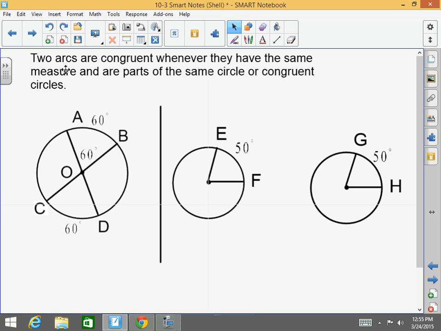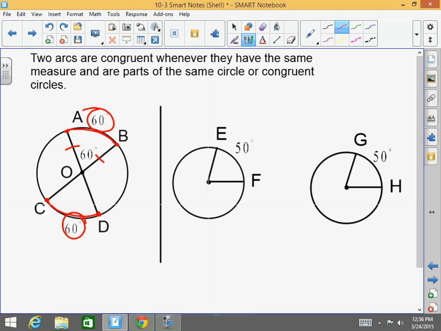Now, two arcs, like I said, are congruent whenever they have the same measure and are parts of the same circle or congruent circles. In this particular case, arc AB and arc CD have the same measure of 60 degrees, and they're inside of the same circle.